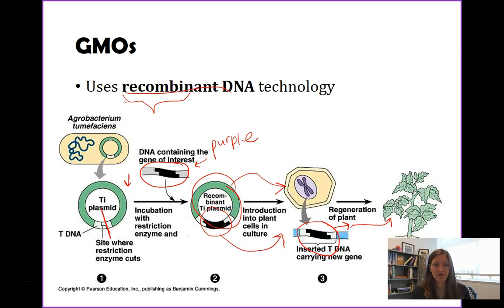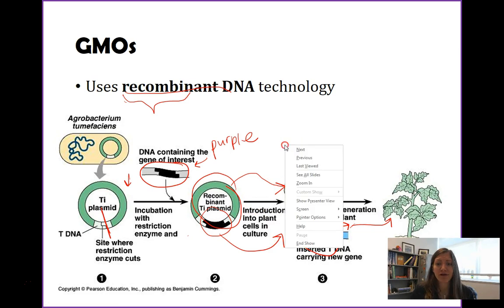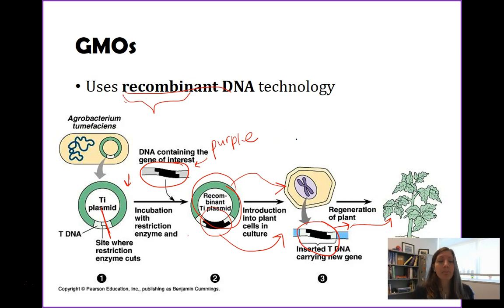I know I have arrows everywhere, so let me use a different color just to show this again real quick. So let's say we are looking at purple coloring inside of a rose. So here we have a bacteria. Bacteria acts as the middleman. Here we have the DNA containing the gene of interest. So this is going to be purple, which is from the pansy plant. We're going to put this gene that we're interested in into the bacteria.